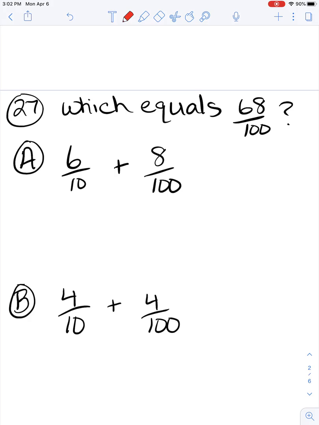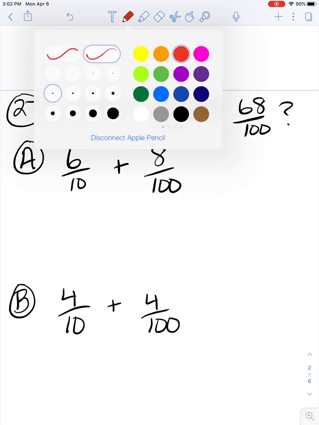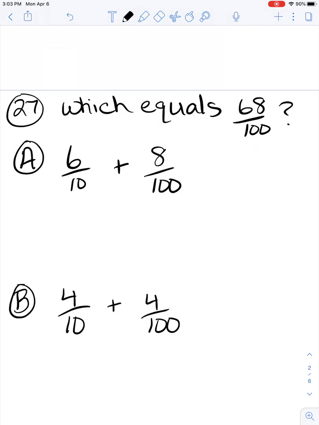Okay, we are trying to find which problem equals 68 hundredths. Well, we cannot add denominators that are not the same, so we have to make them the same. So I know that I can make 10 into 100 by multiplying by 10, because 10 times 10 is 100.